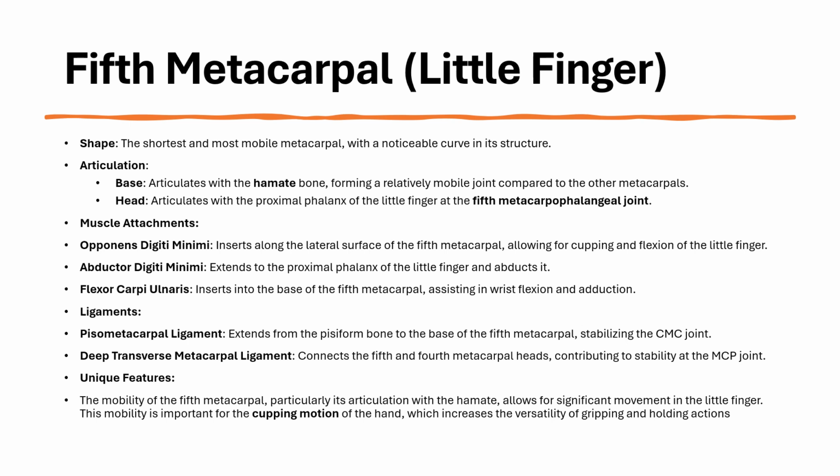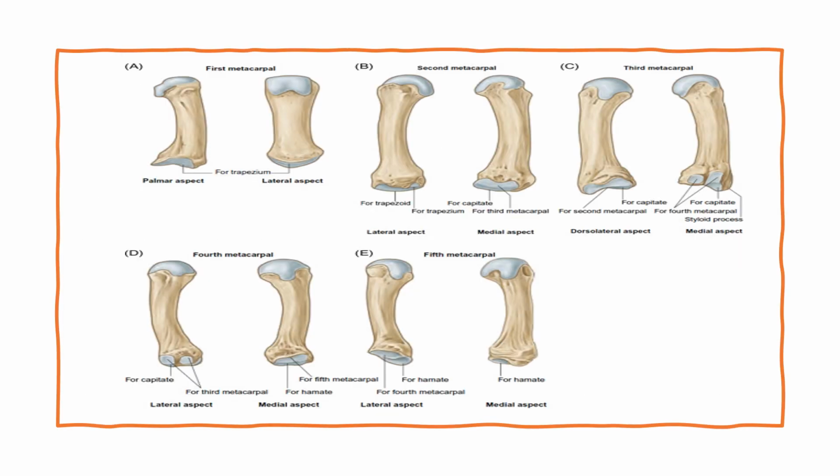The unique feature is the mobility of the fifth metacarpal, particularly its articulation with the hamate, which allows significant movement in the little finger and also plays an important role in the cupping motion of the hand, increasing its versatility for gripping and holding actions.